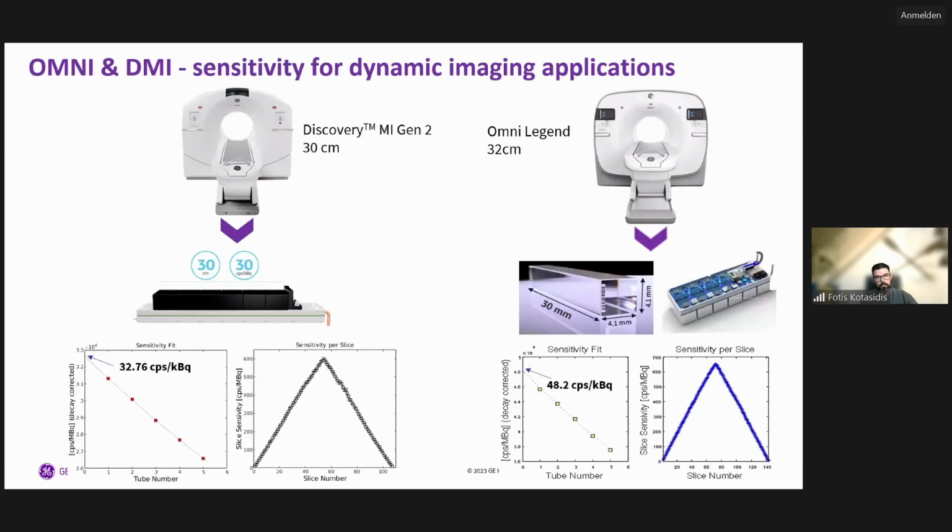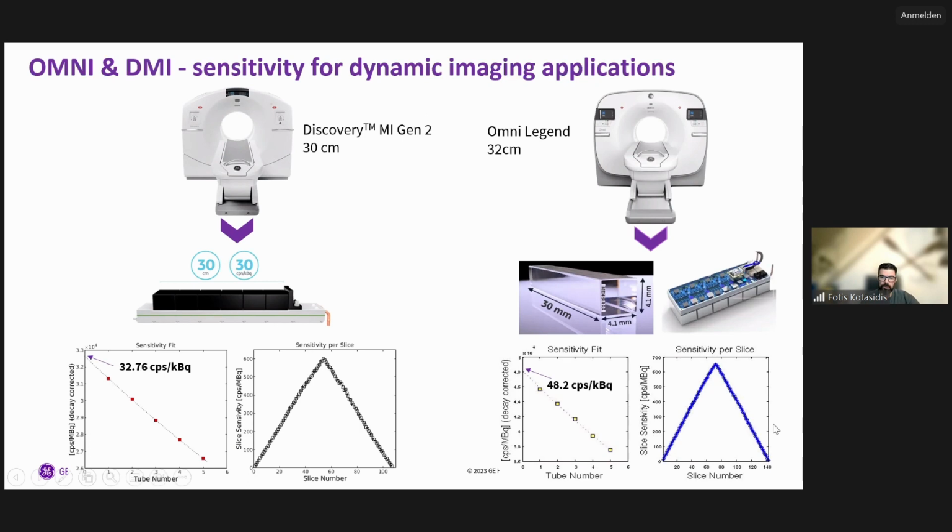Currently we have implemented our data acquisition for whole body Patlak on our Discovery MI scanner, as well as the new Omni Legend system. On the Discovery MI, originally we had it on the 30 centimeter configuration, and nowadays we have also implemented it on the 25 and 20 centimeter configurations, while the Omni Legend is currently implemented on the 32 centimeter configuration.